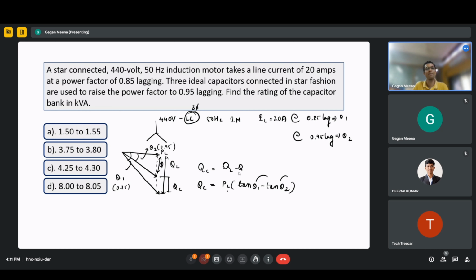Calculate how much is PL. PL will be root 3 times V I cos phi. So 15.242 kilowatt. PL is 15.24. Yes.